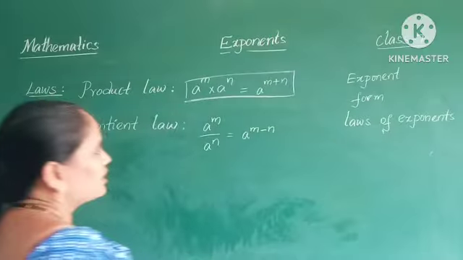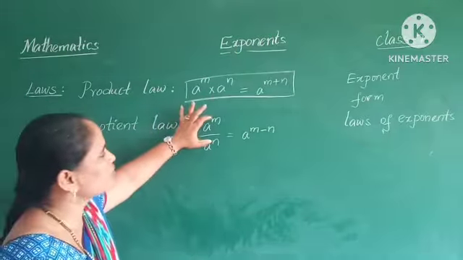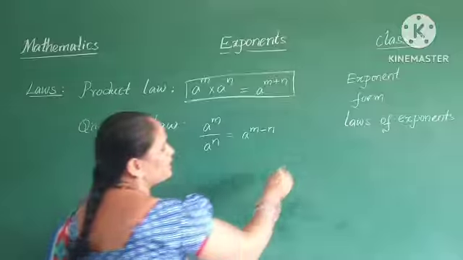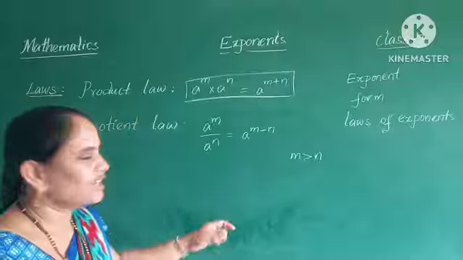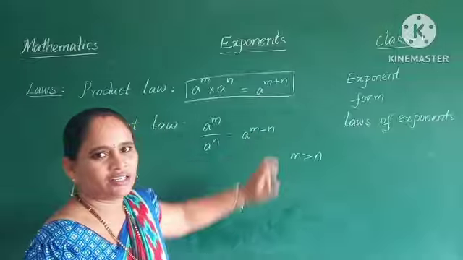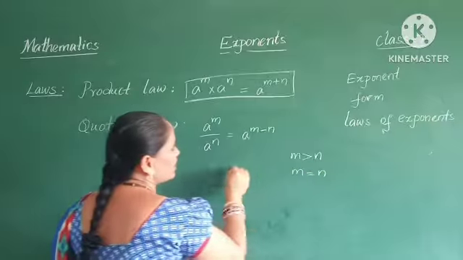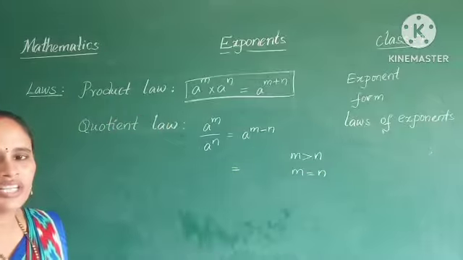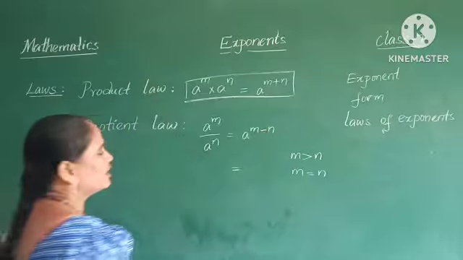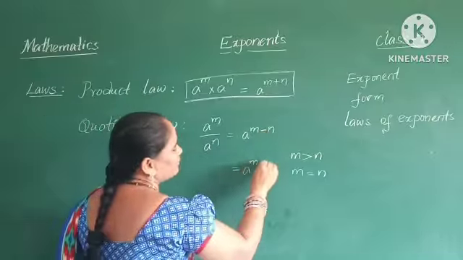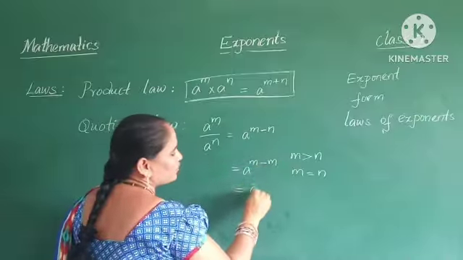In this quotient law, there are three conditions using the powers. If m is greater than n, we can subtract, m minus n. If m is equal to n, what result do we get? See here, if you keep that m again, m minus n, what did we get?